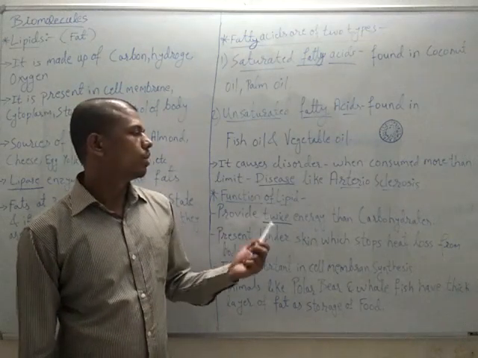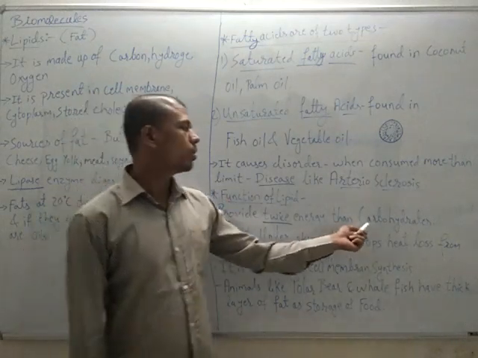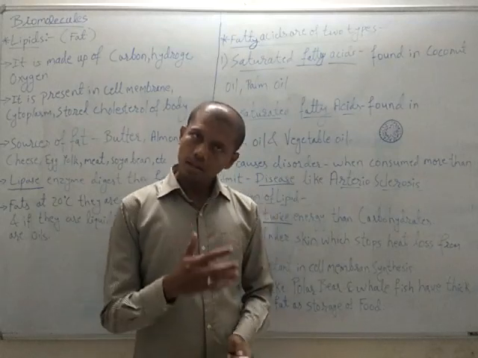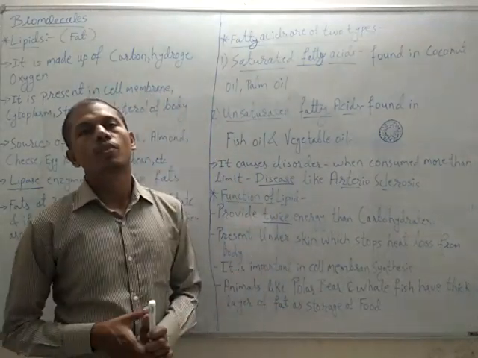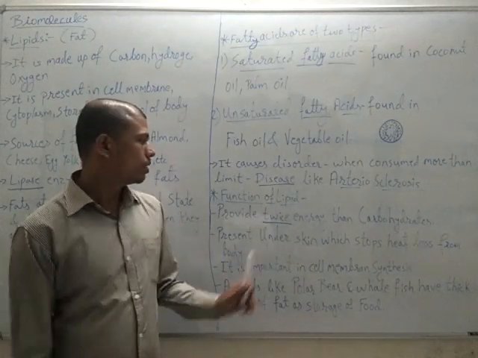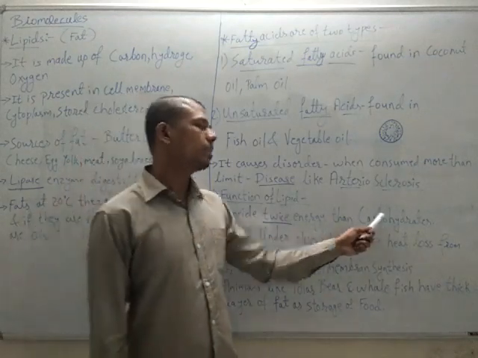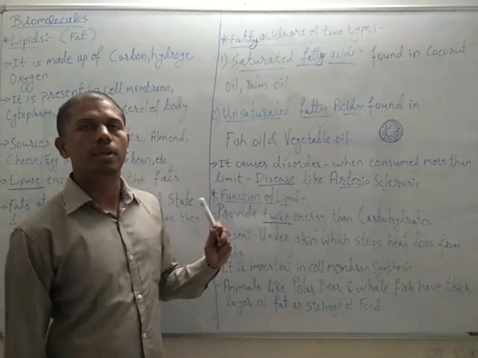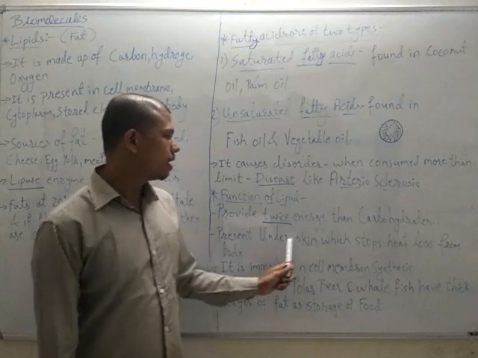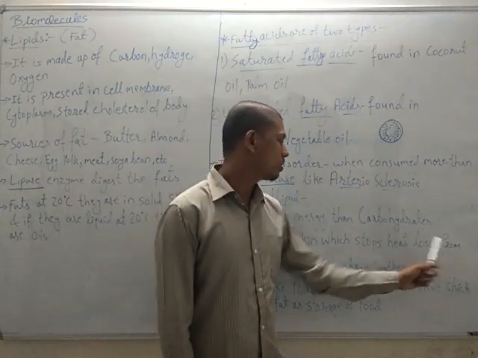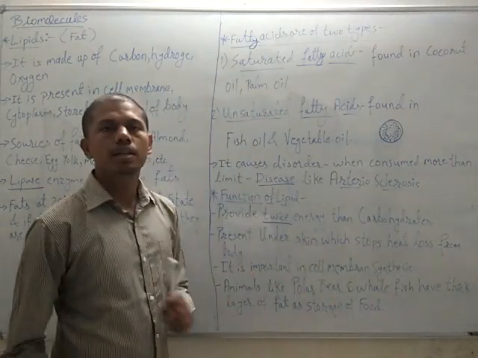Whatever energy is given by one molecule of carbohydrate, double that energy is given by fats. So lipid provides twice the energy of carbohydrate. Next, it is present under the skin, which stops heat loss from the body.